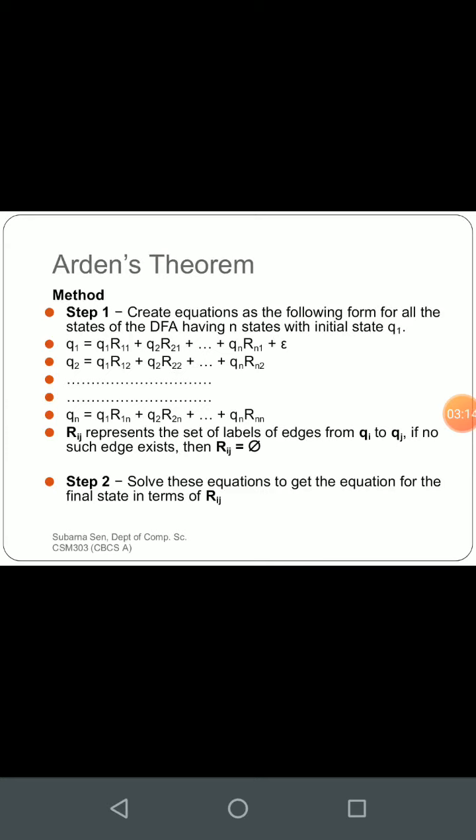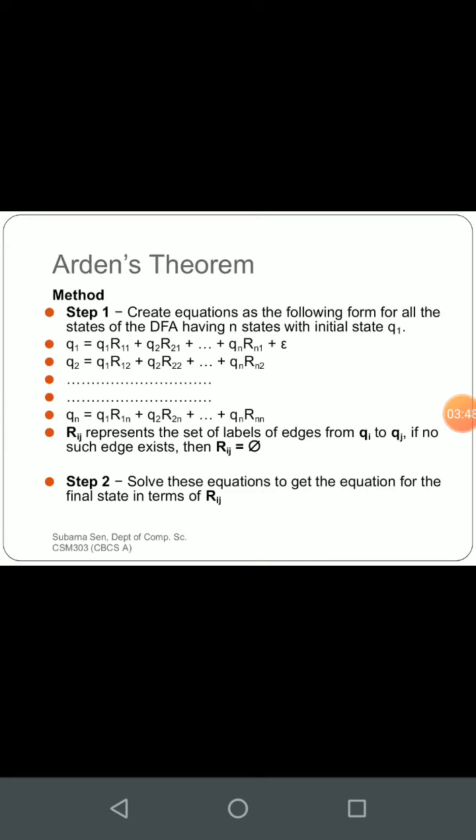So create equations of the following form. Here the Q are the states and R11 means the transition. With respect to Q1, we will include only those transitions which are coming into it. We will not concentrate on those transitions which are going out of it. Say Q1 has a self loop, going out of it and coming into it, so it will be R11.